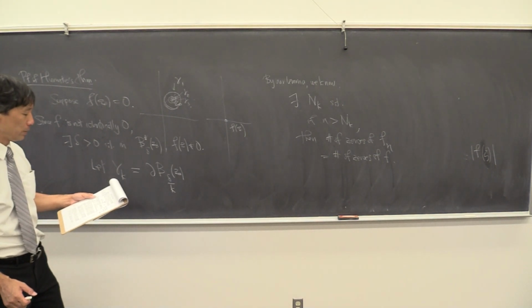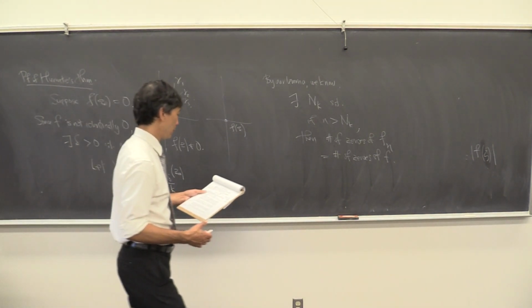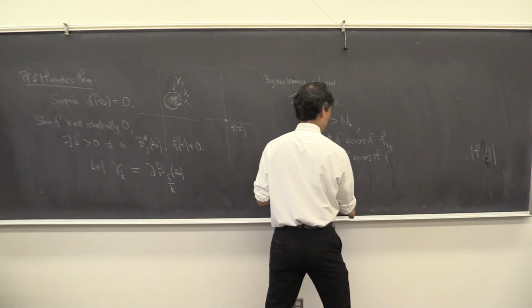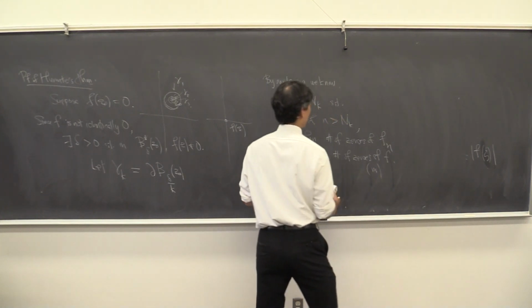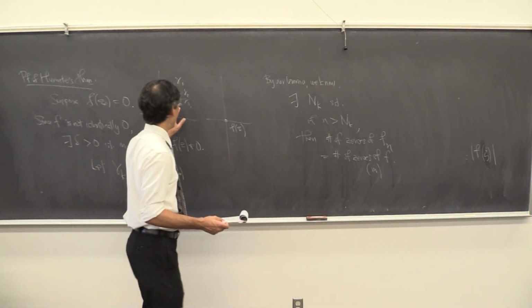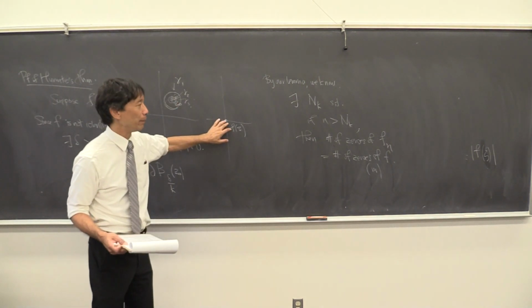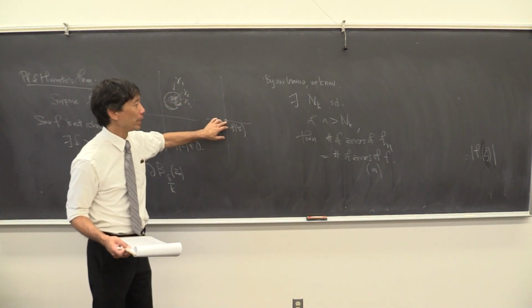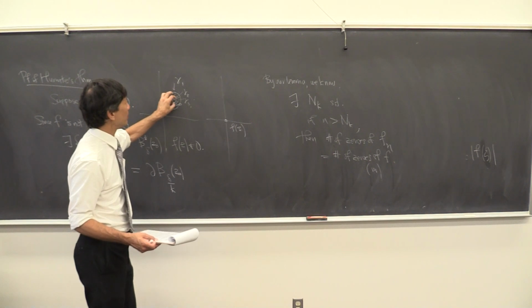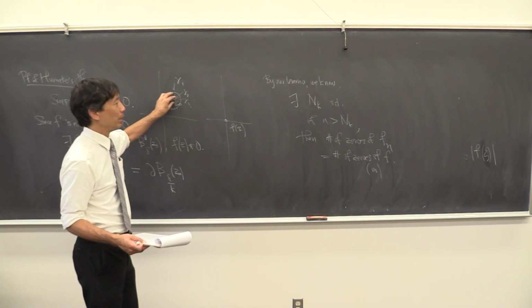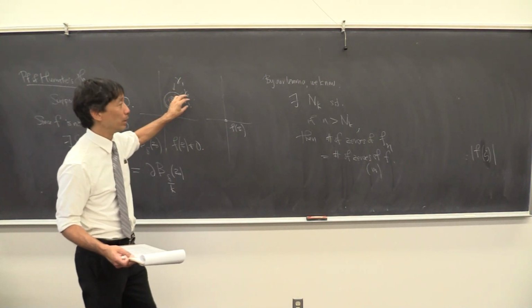Right, so if f had a zero of order m inside there, then past some point there are going to be zeros of f sub n.